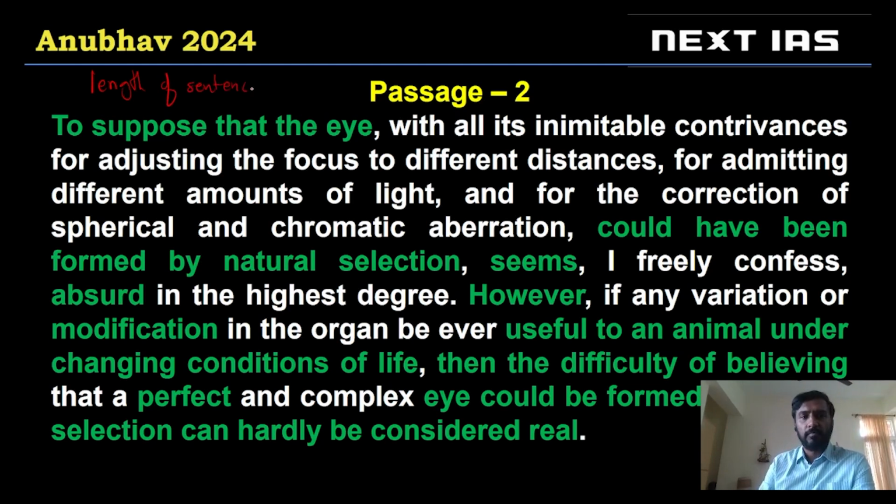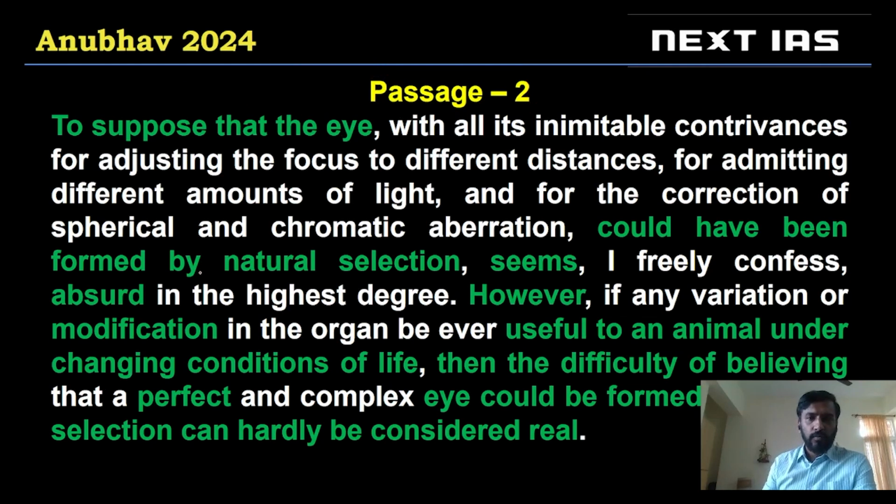If the sentence is very long, it's difficult for us to keep track of the subject of the sentence. That makes it a little complicated. The second is difficult words, and the third is new words or terms. They've given a completely new concept, right?